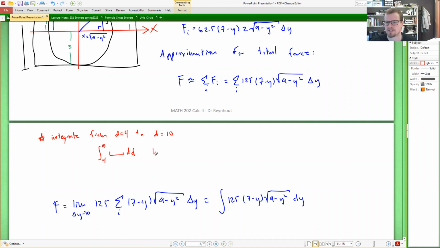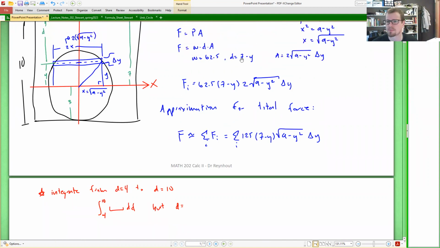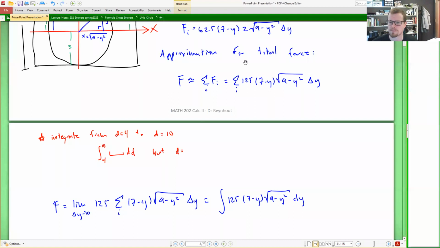But the depth is equal to, I said, 7 minus y. Depth is equal to 7 minus y. So this actually identifies a substitution for us that we have already done, but we have to make sure that we have the integration bounds correct.